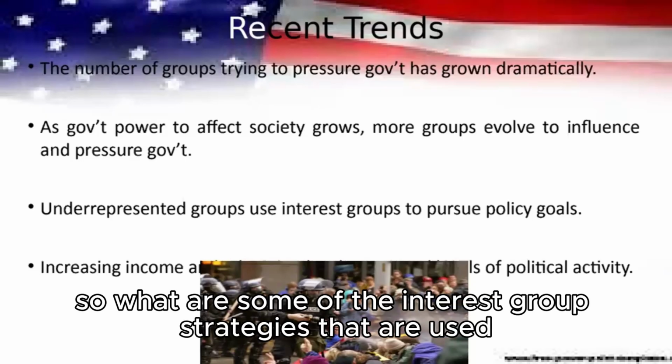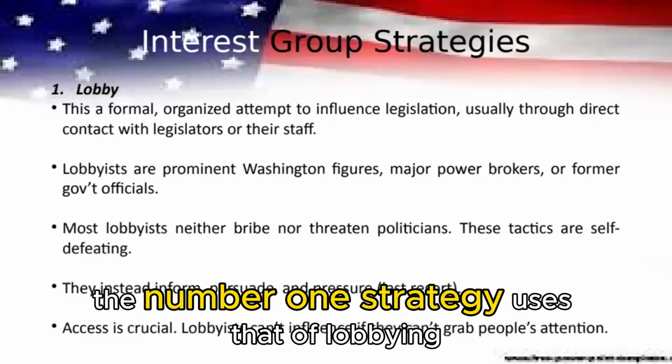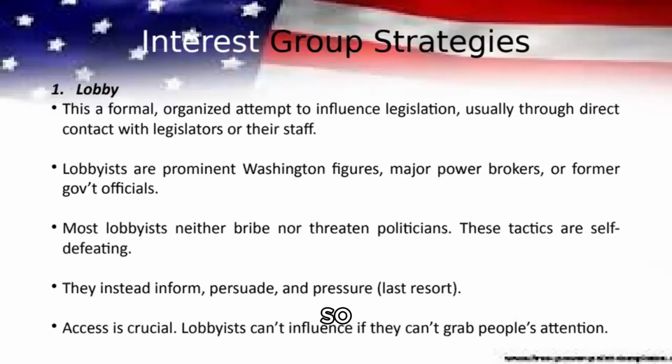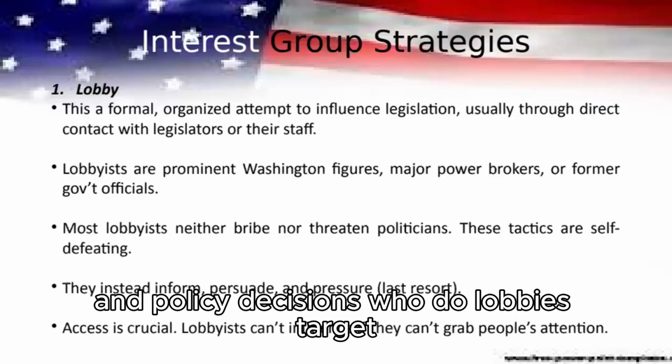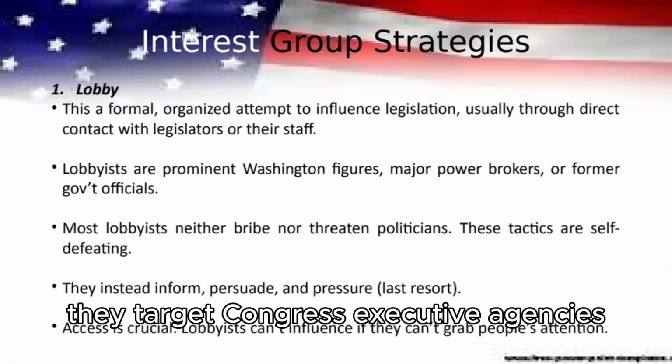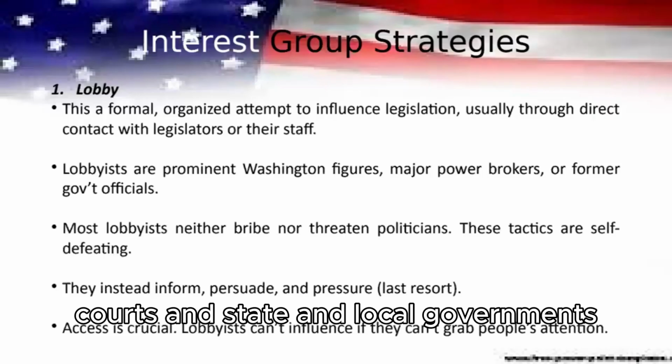So what are some of the interest group strategies that are used? The number one strategy is that of lobbying. Lobbying is a process of attempting to influence government officials and policy decisions. Who do lobbyists target? They target Congress, executive agencies, courts, and state and local governments.